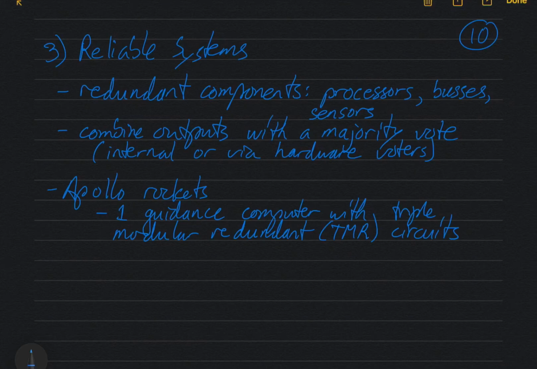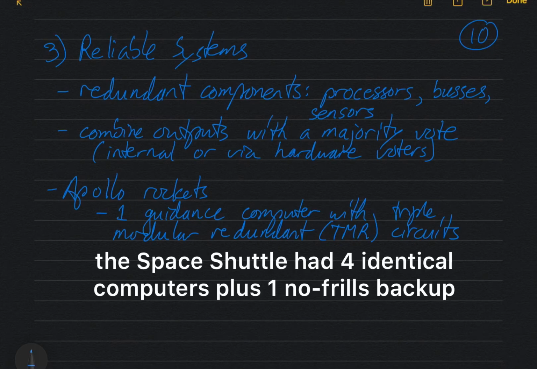And this did add some fault tolerance, but the problem was that it was still one computer in one location, and so they moved away from that approach in later projects where they distributed computers in different parts of the spacecraft, such as with the space shuttle, so that if one got damaged in an accident, the others could carry on.